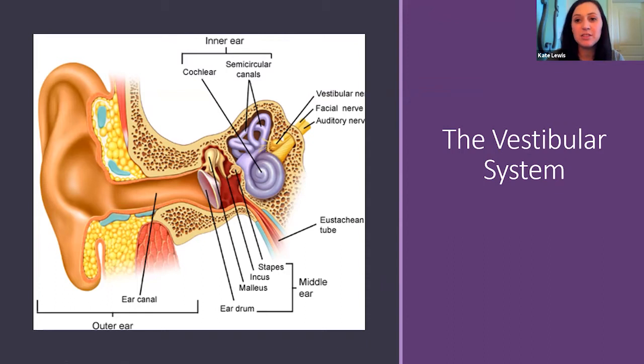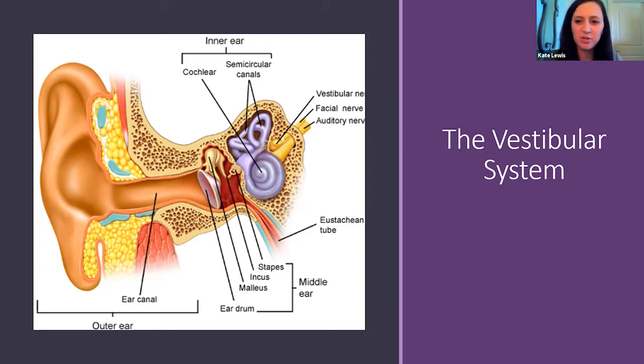The vestibular system is a very sensitive system. It is a pressurized system, and it responds to and gives feedback about where our head and body are in space, and then works with our eyes and our other balance systems to help keep us upright. So this is the vestibular system, and we'll reference back to this through our talk.